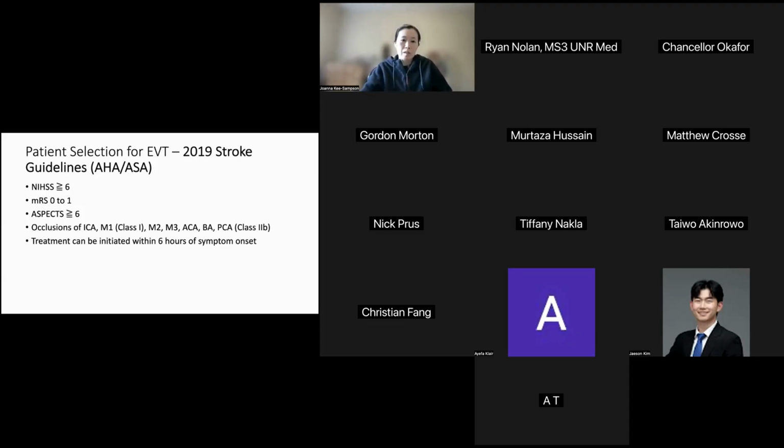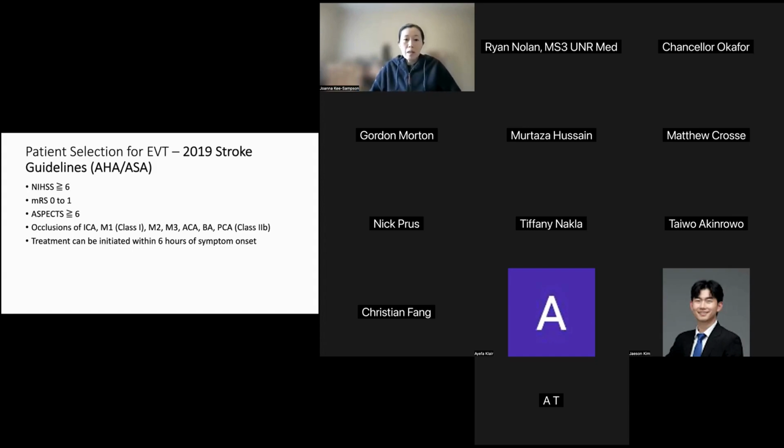So how do you select a patient for endovascular thrombectomy? Generally, the patient should have an NIH stroke scale score of 6 or greater, meaning not just mild symptoms, but symptoms severe enough to take them for an endovascular procedure.